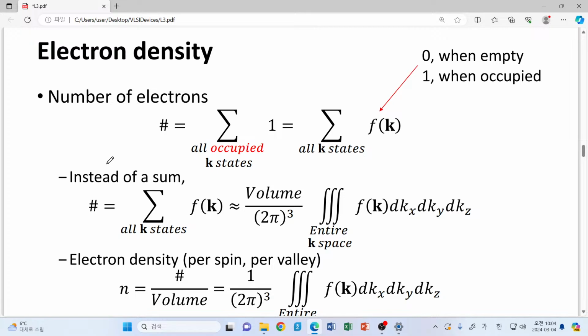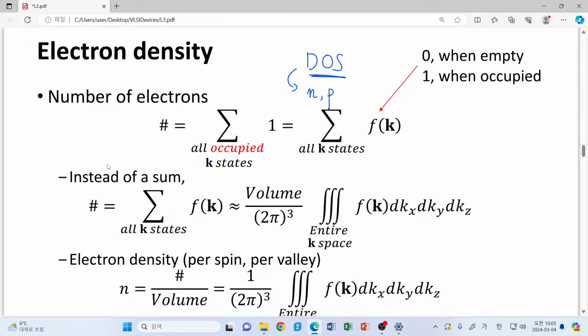The first topic was density of states, and now we are going to the calculation of electron density and hole density. Everybody in this room understands that, in order to calculate the electron density or hole density at equilibrium, we must consider both the density of states and the Fermi-Dirac distribution function.